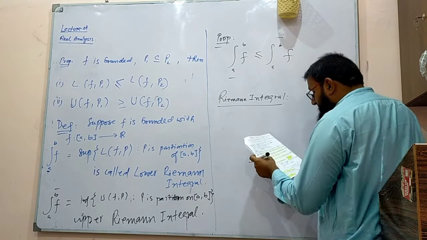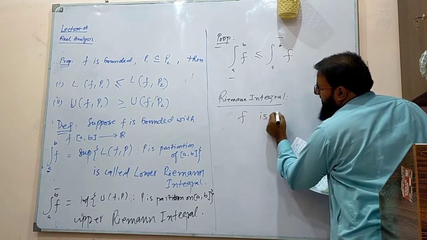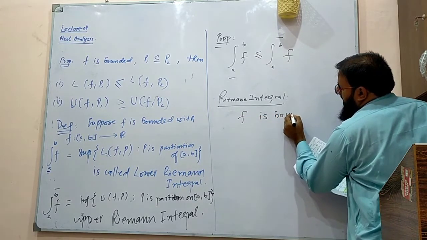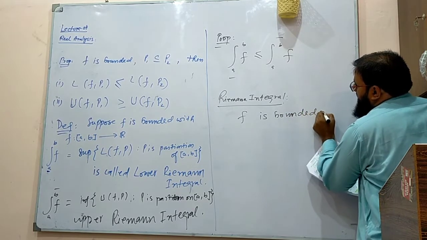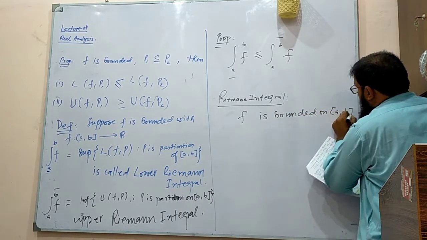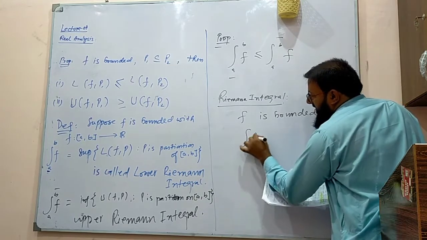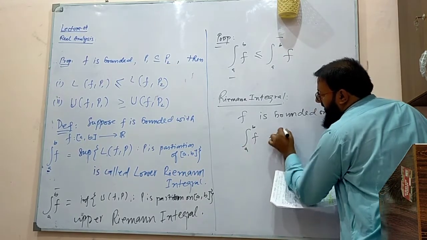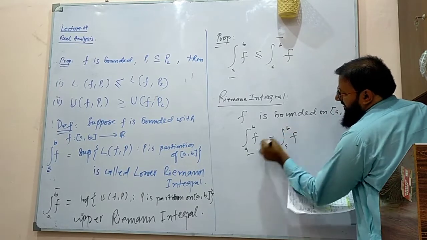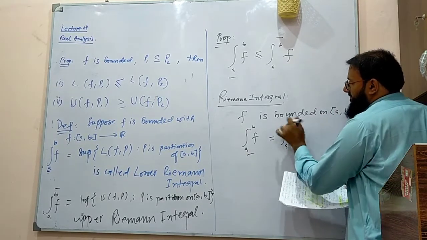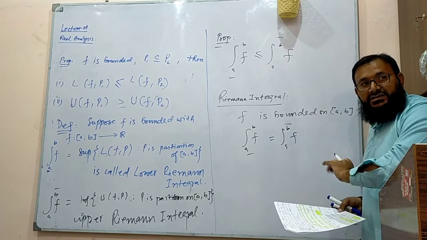So again the conditions are the same. The function is bounded on some closed interval [a, b], and the lower Riemann integral is the same as the upper Riemann integral. This is the condition.